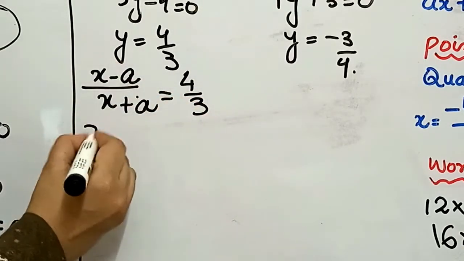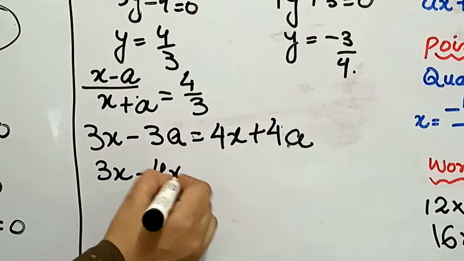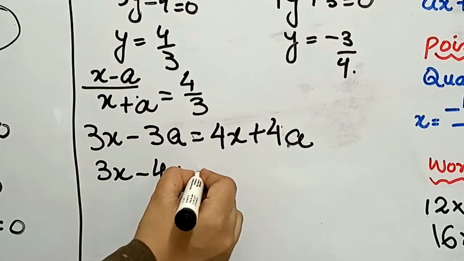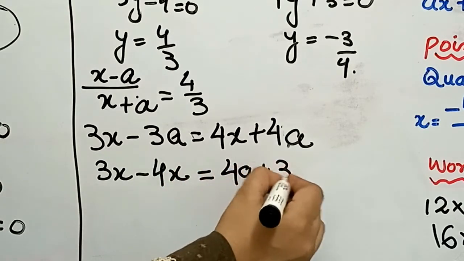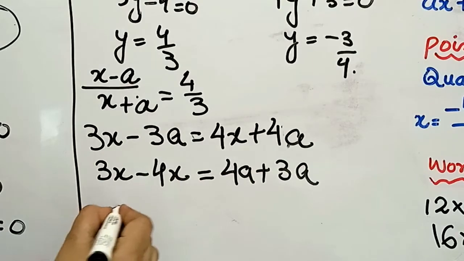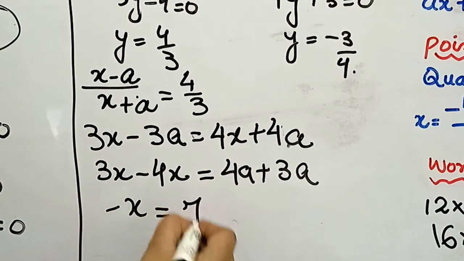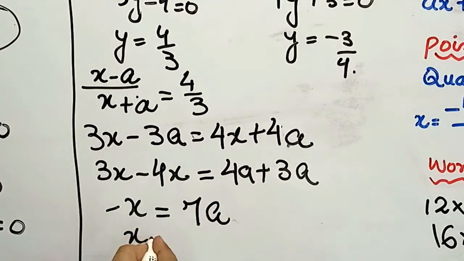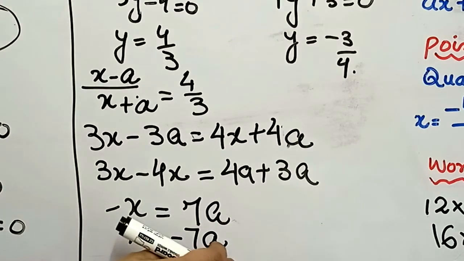So cross multiply, we have 3x minus 4x is equal to 4a plus 3a. It will be minus x is equal to 7a, hence x is equal to minus 7a. So we have found one x, that is minus 7a.